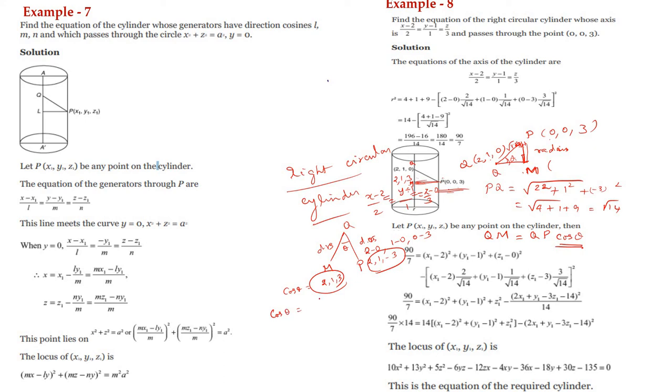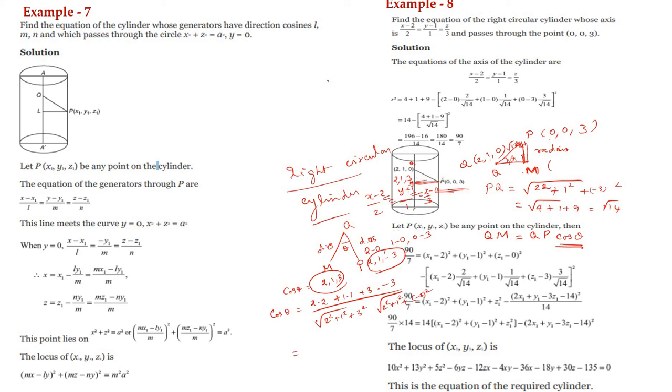That is given by 2 into 2 plus 1 into 1 plus 3 into minus 3, the whole thing divided by the square root of 2 square plus 1 square plus 3 square, and in the same way 2 square plus 1 square plus minus 3 square.